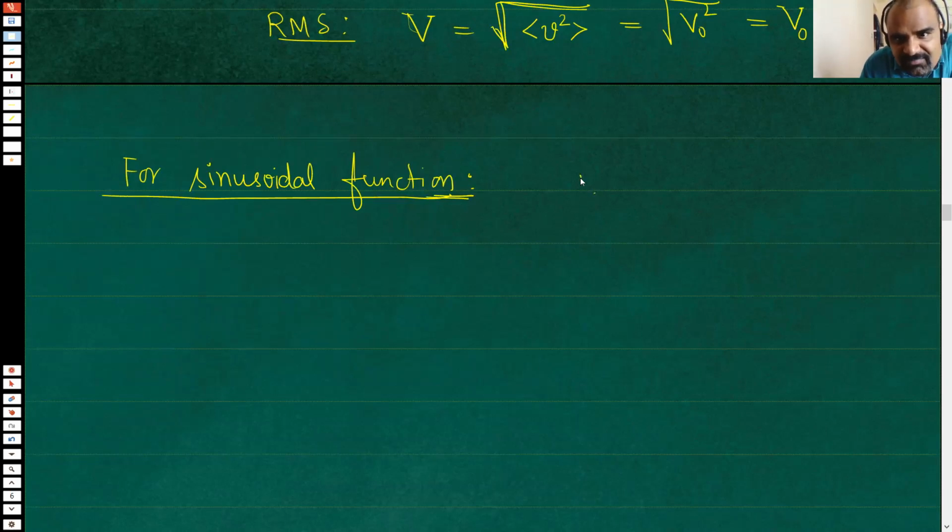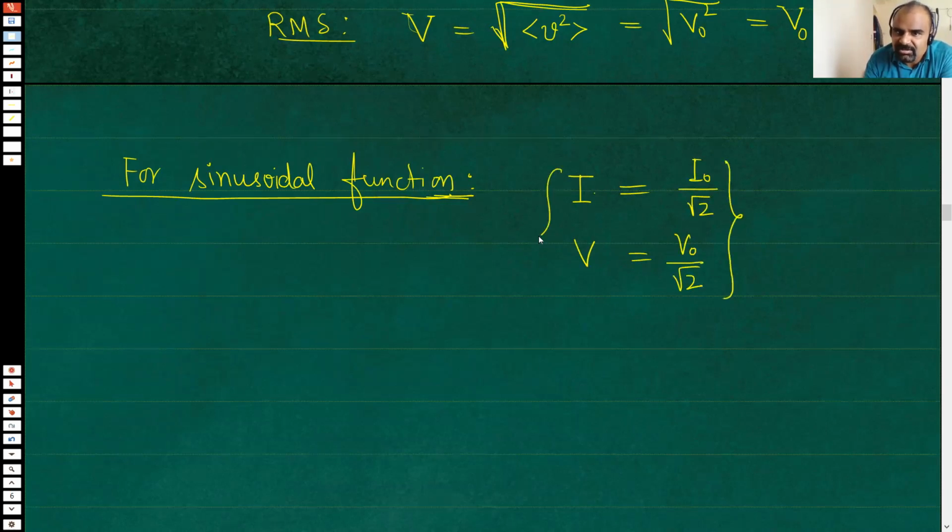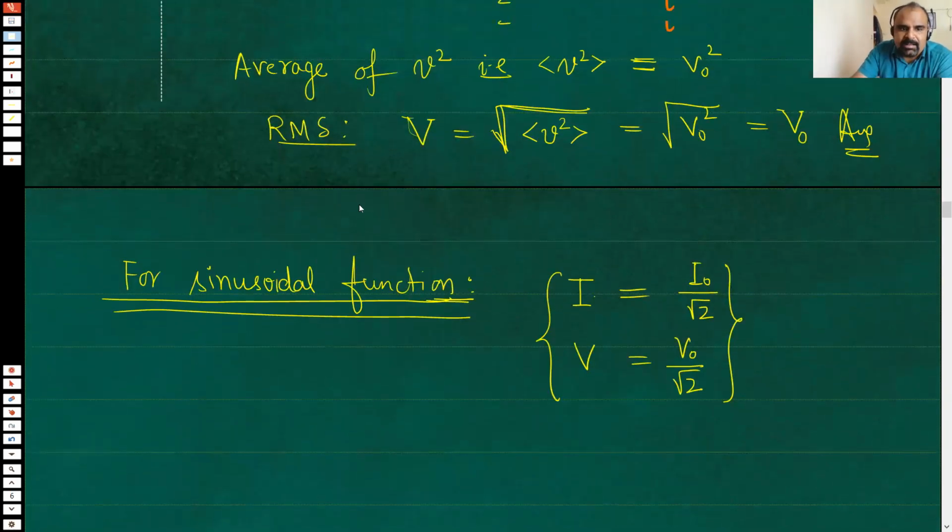And for a sinusoidal function, RMS is equal to peak by root 2. Whether you call it current or voltage, by root 2. They have a fixed relation like this for sinusoidal function. For triangular function, RMS is peak by root 3. But that triangular function is just for our study purpose. It is not practical.